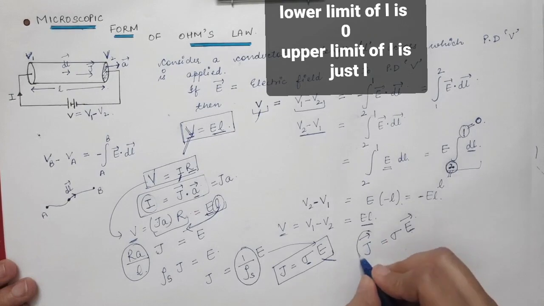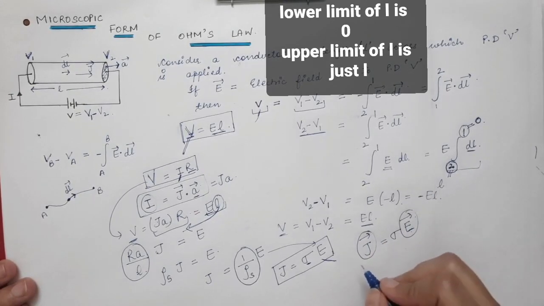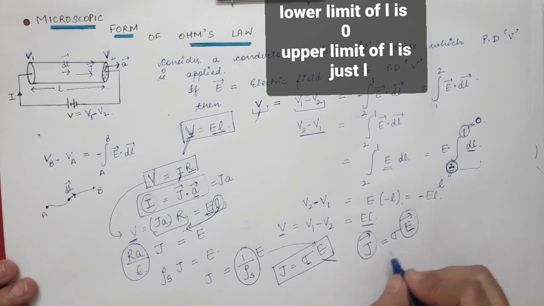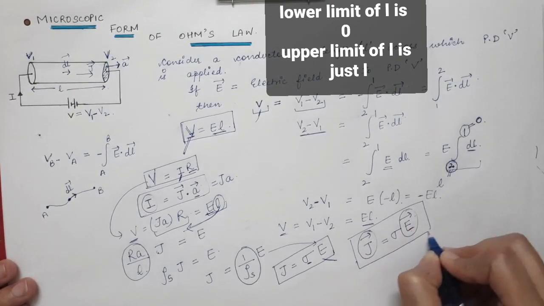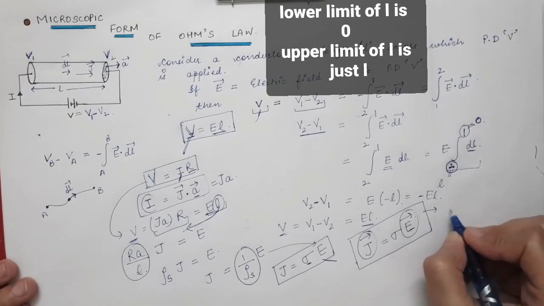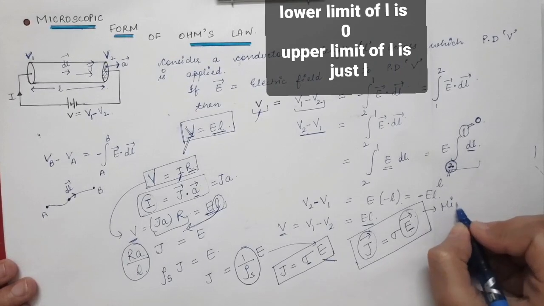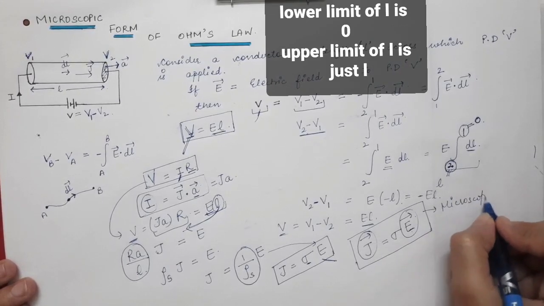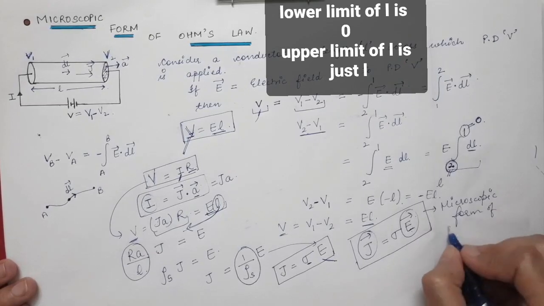So whatever is the direction of the electric field, that will be the direction of the electric current density, because they both are parallel. And this is the formula which is termed as the microscopic form of Ohm's law.